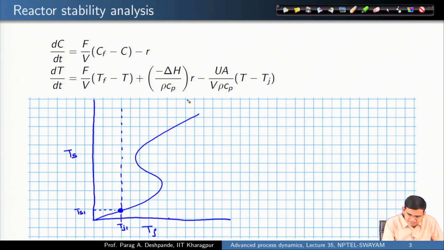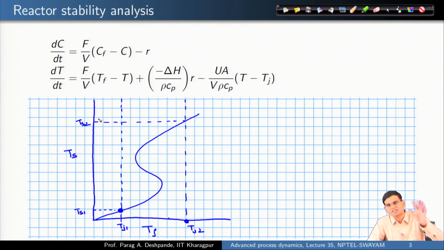Similarly, I drop another operational vertical line for T jacket 2, I get this steady state temperature, again not a problem, T steady state 2. One jacket temperature, one steady state temperature, that is fine.